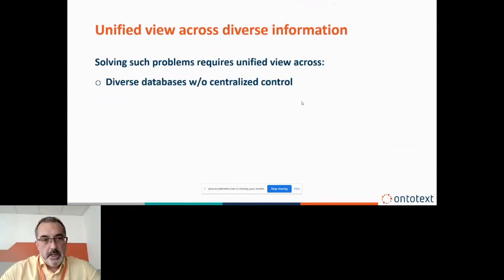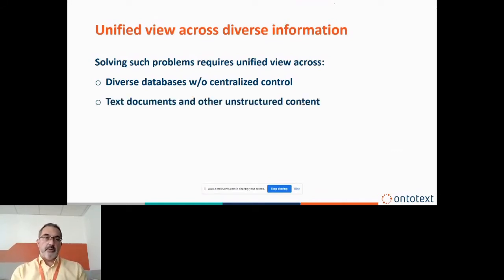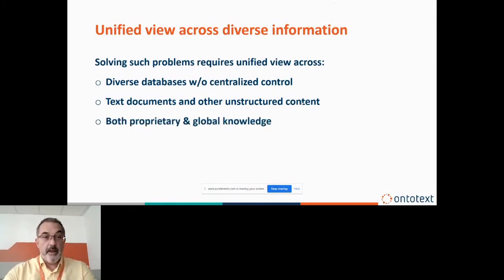So you have to combine multiple databases within the enterprise that have been developed without centralized control. And you quite often have to mix and match the data that you have in the databases with information that you have to extract from text or from unstructured content or something else.